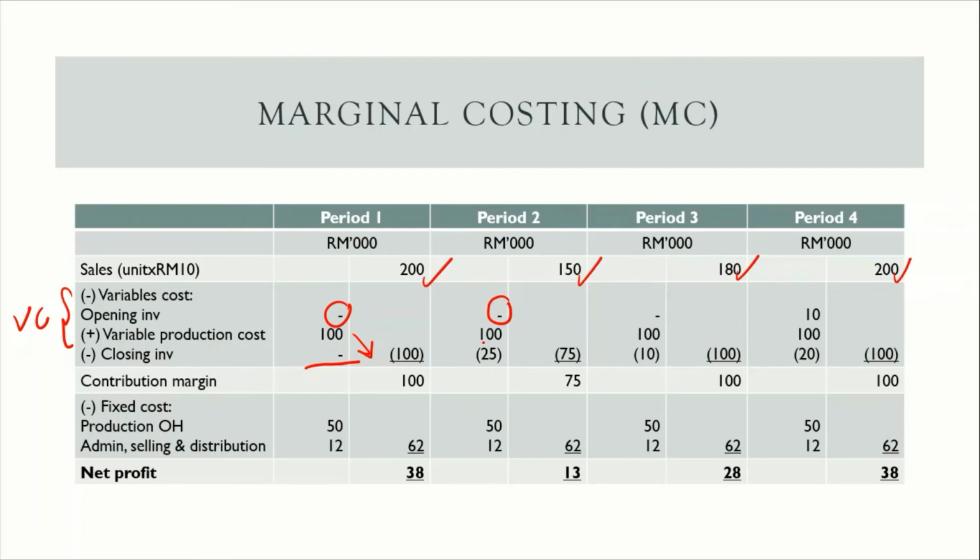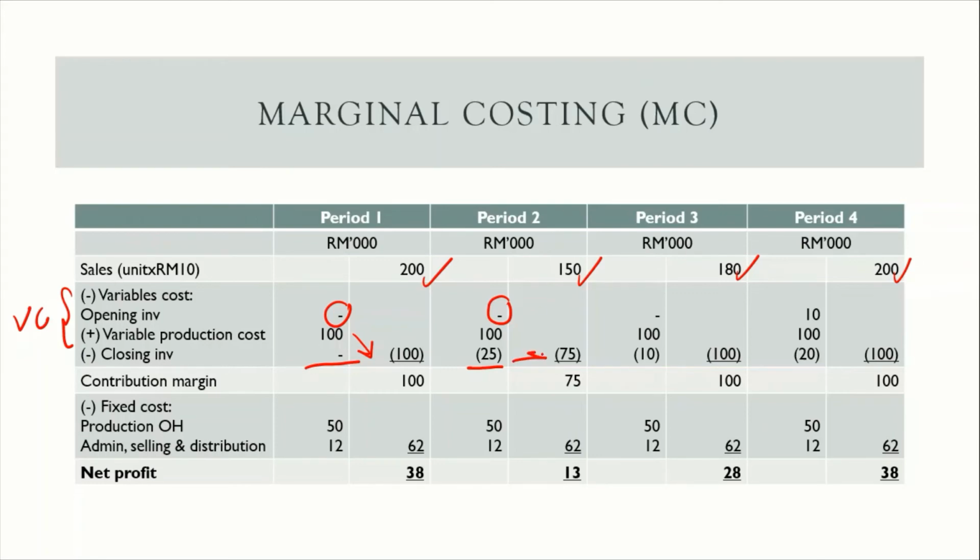So the variable cost is the same, and we would have an ending inventory, a closing inventory, because there is a balance in our production units. We only sold a few, and the rest will be put into closing inventory.